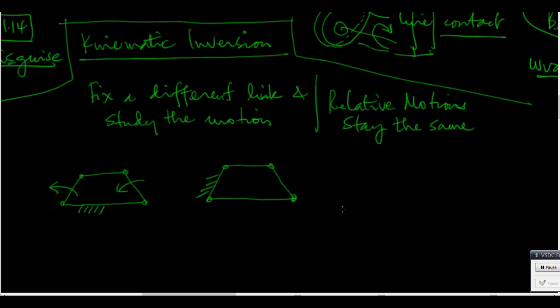Think about this mechanism where this link is of extremely small length. You will see a version of this later. This is an extreme case, easy to understand. This one, as you can imagine, will allow motions where this little link goes through 360 degrees. So for example, it may come a little bit like this, and this may come a little bit like this, and then it will be like that.